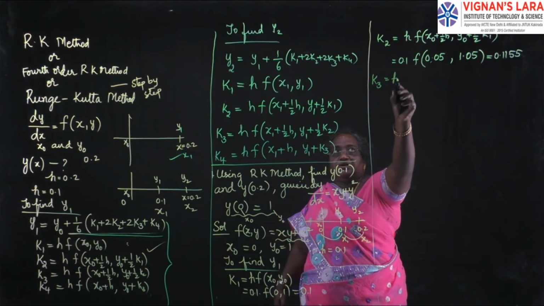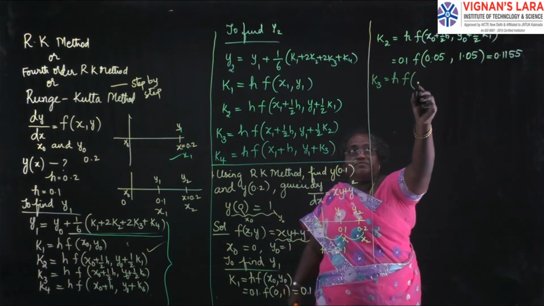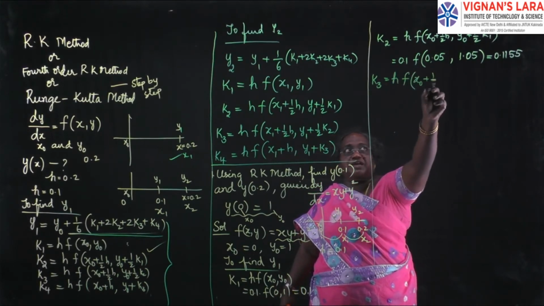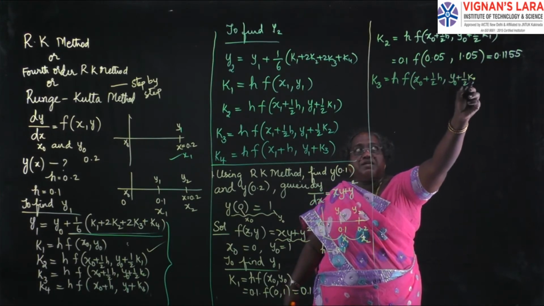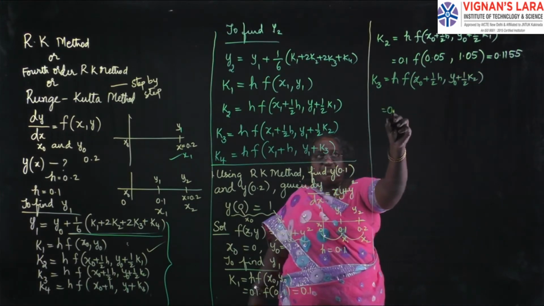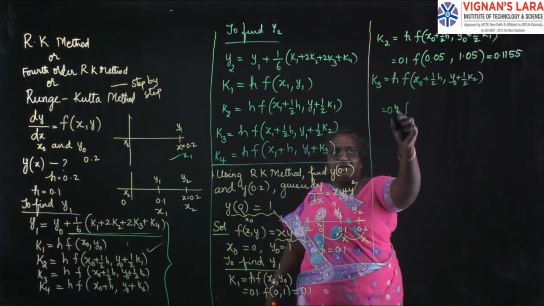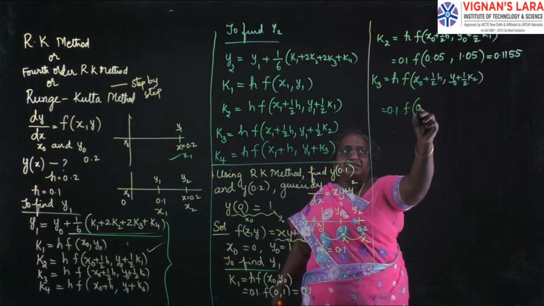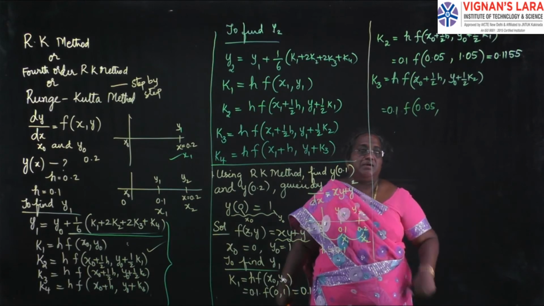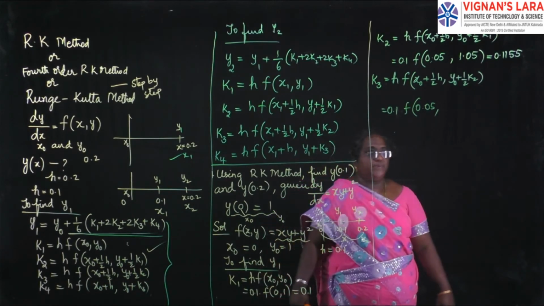K3 is equal to h into f of x naught plus half h, y naught plus half K2 this time. So there is no change in the first two values, h is 0.1. This is 0.1 into f of x naught plus half h is 0.05. But there is change in y naught plus half k2.